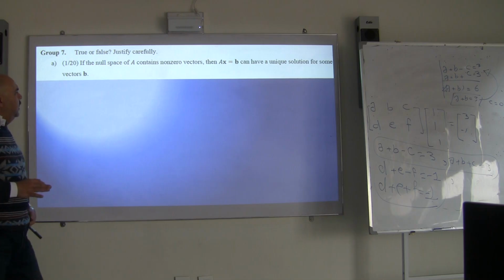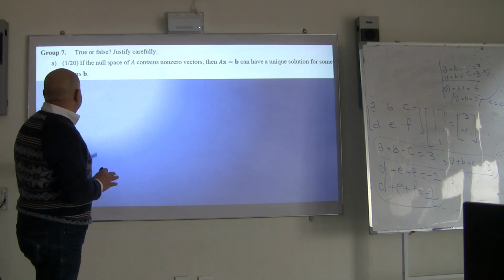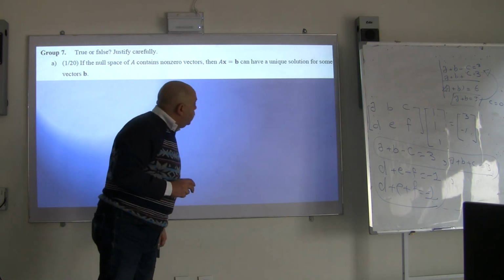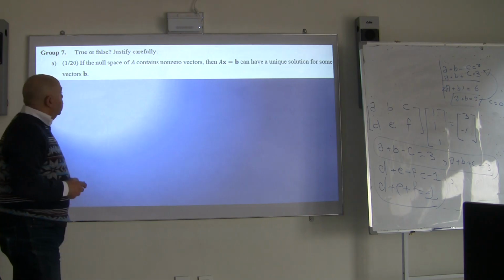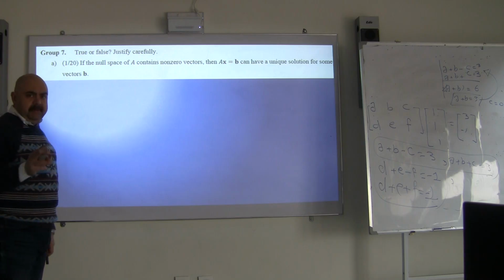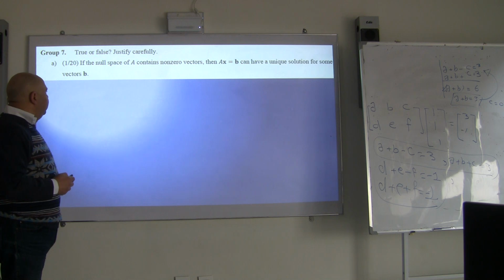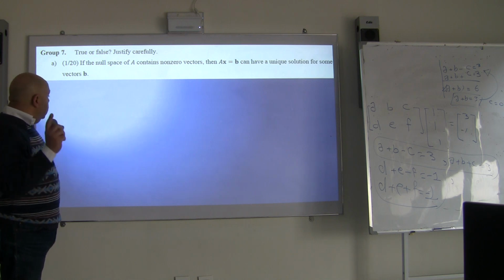If the null space of A contains non-zero vectors, then Ax equal B can have a unique solution for some vectors B. Okay, let's repeat it once more. If the null space of A contains... stop, the null space is the solution of Ax equals 0.